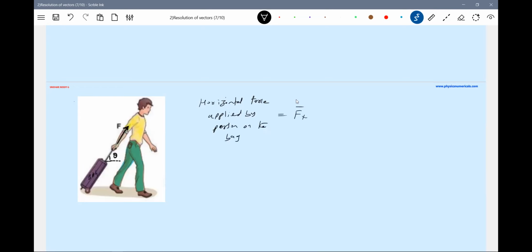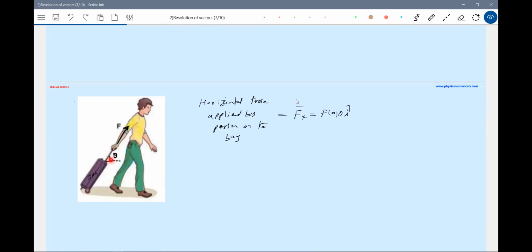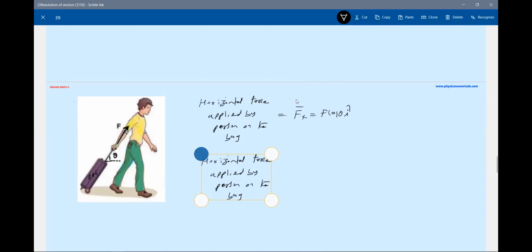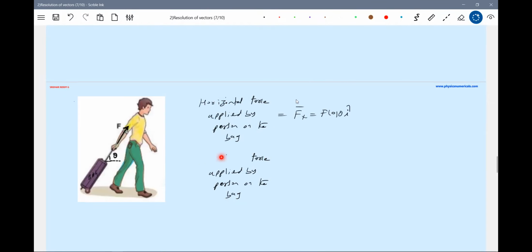I think it should be equal to Fx, F cos theta i cap, with his arm holding this handle and pulling it. Vertical means upward. A component of force will act upward also, F sin theta. The vertical force applied by the person on the bag should be equal to Fy, F sin theta j cap.